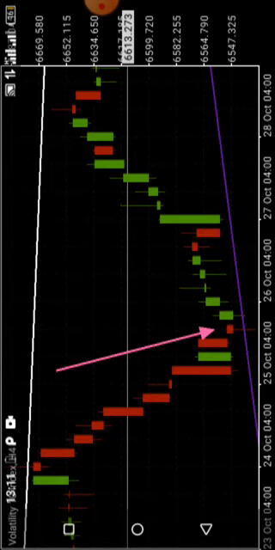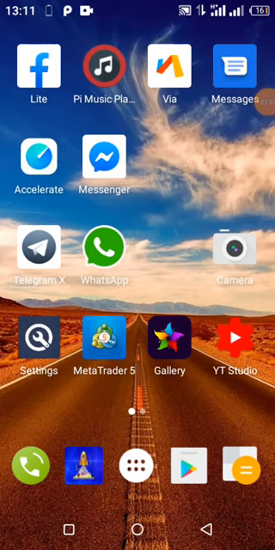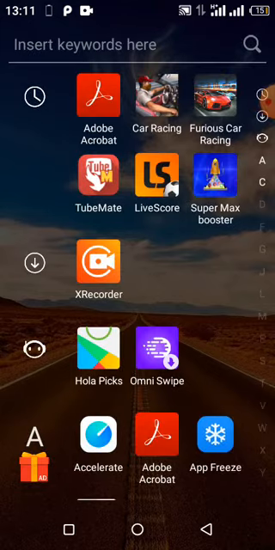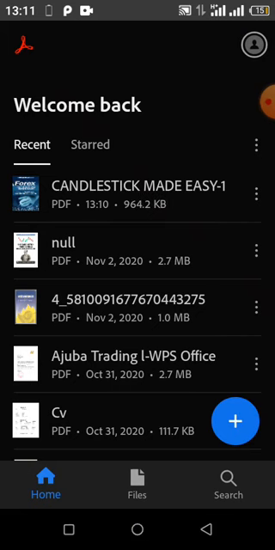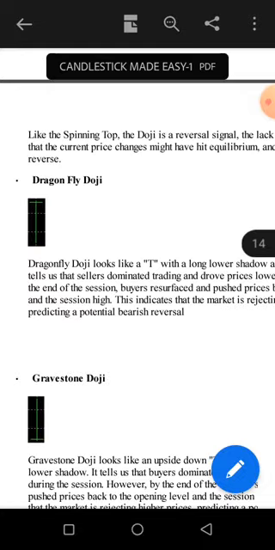So let's just look at just one aspect. What is the real body? So my book will still provide something like that.